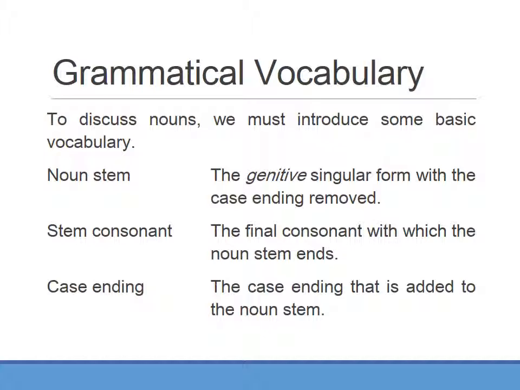And this is the reason that the nominative form does not correspond so closely to the noun stem. Summary then, the noun stem is the genitive singular form with the case ending removed. The stem consonant is the final consonant with which the noun stem ends, and the case ending is the case ending that is added to the noun stem.